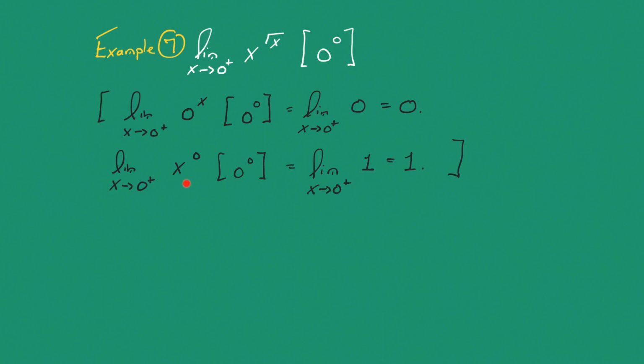So this is in fact the limit as x tends to 0 from the right of 1, which is 1. So there we have two limits of type 0 to the 0 taking different values. This shows that limits of type 0 to the 0 are indeterminate. In fact, they could take lots of different values.